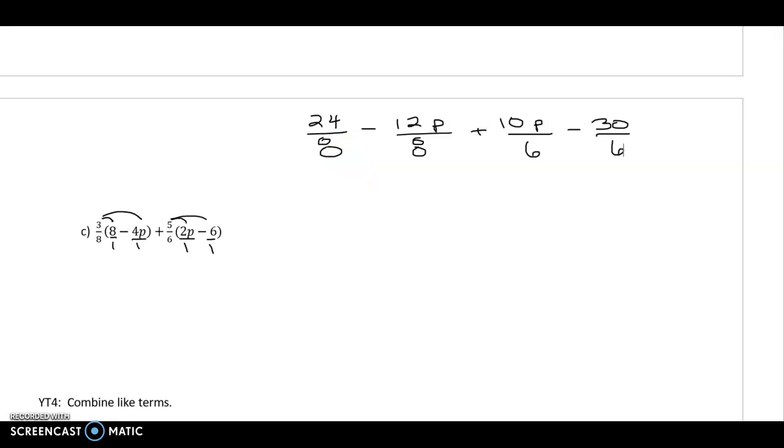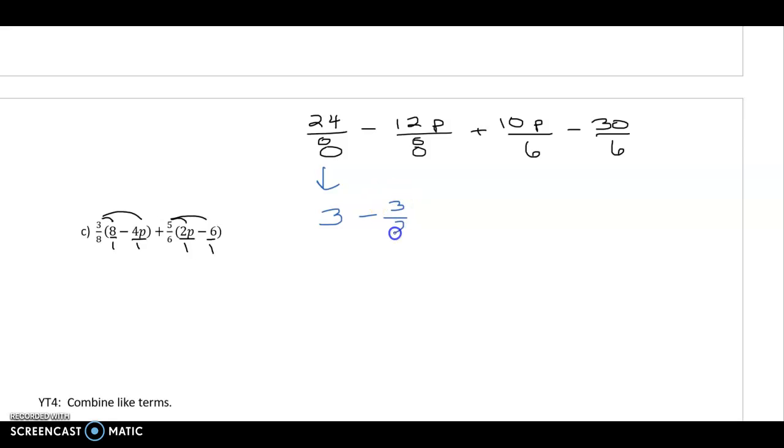So let's take a minute and simplify everything before we combine. 24 over 8 is just 3. Negative is going to stay negative. 12 over 8 can reduce. 12 over 8, divide by 4, divide by 4.